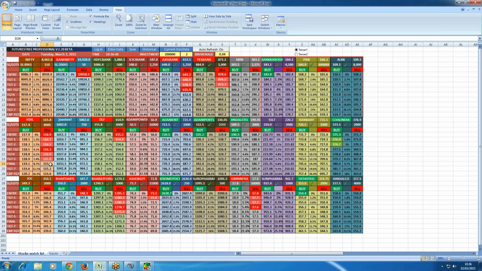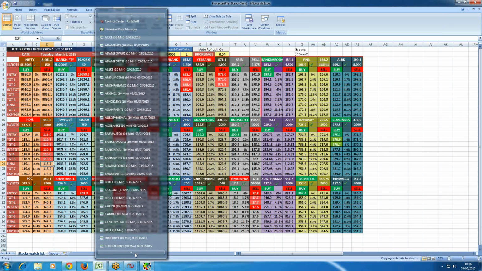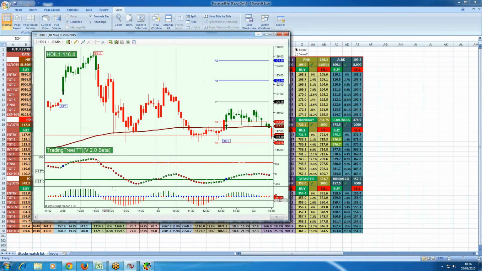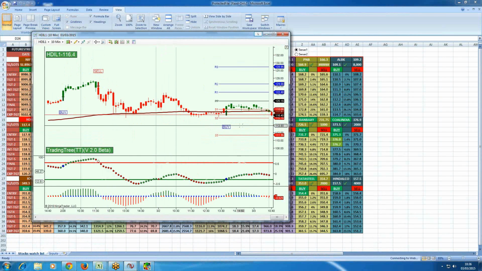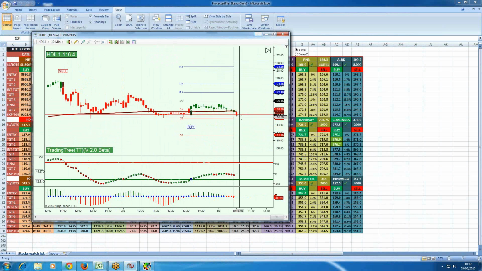HDIL should make its final target of 115.7. So that's the chart here. You know the trend, it's actually coming down, and we should be getting a sell call here in Tradingtree also.